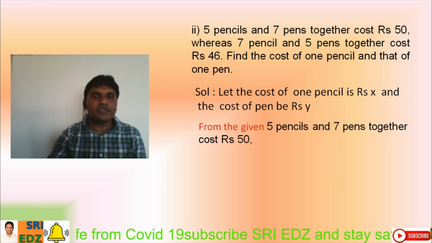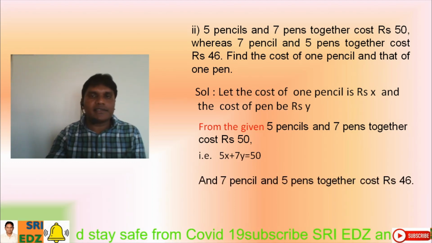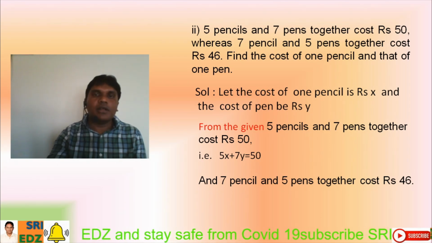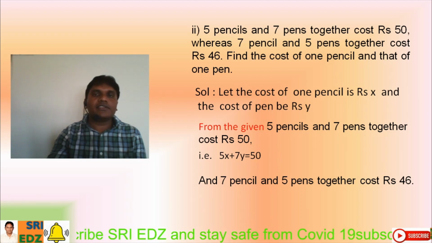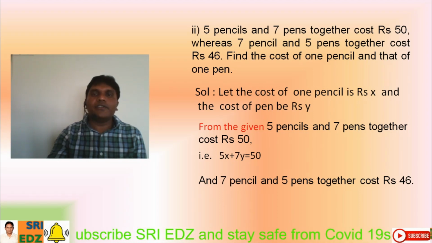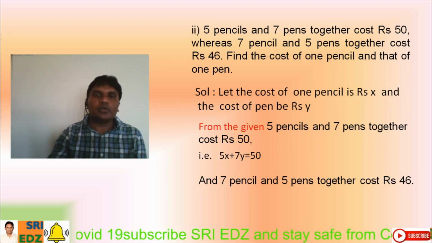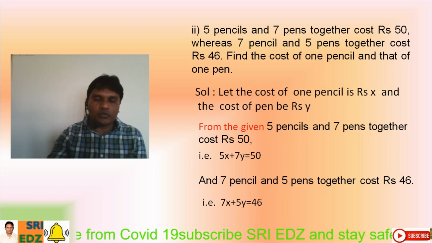That is the first equation. In the same way, 7 pencils and 5 pens together cost 46. Each pencil costs x rupees, so 7x, and each pen costs y rupees, so 5y. Totally 7x plus 5y equal to 46. We have the second equation.